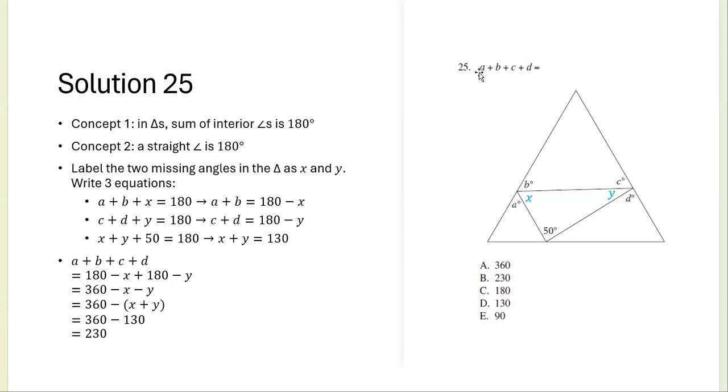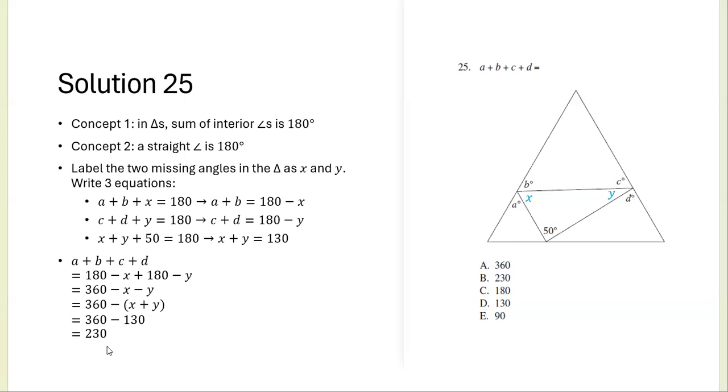So what are we interested in? We're interested in A plus B plus C plus D. So we add these two over here, adding the left-hand sides on these two and the right-hand sides for these two. So A plus B plus C plus D would be 180 minus X plus 180 minus Y, which is 360 minus X minus Y, which we can factor out, negative X plus Y, and X plus Y is 130.